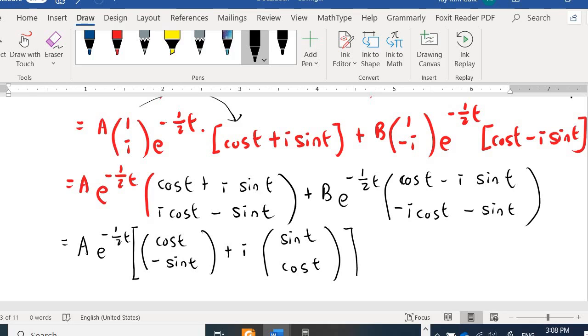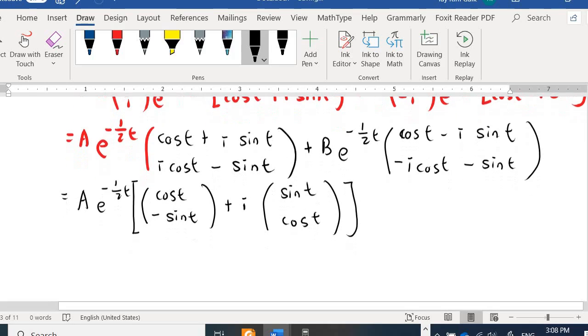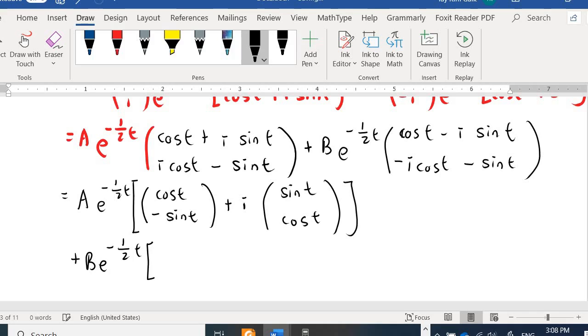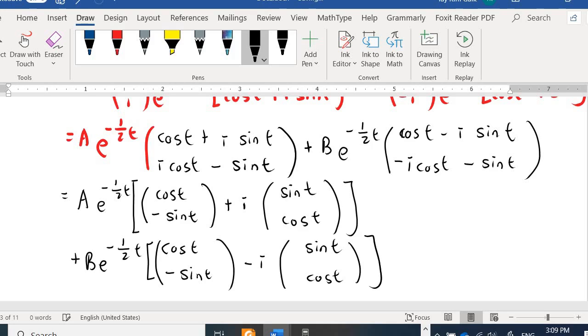This is for the a term. Then for the b term, b exponent negative half t, you break it into a real value and an imaginary value. You got cos t, negative sin t, and then minus i, with first row sin t, second row cos t.